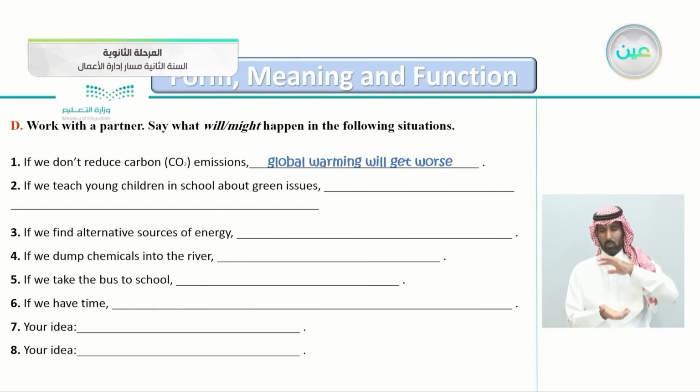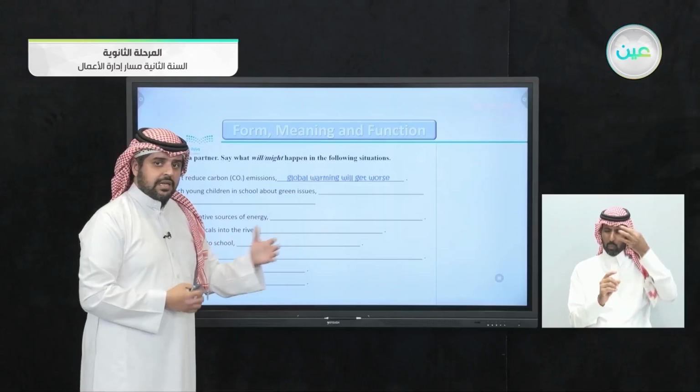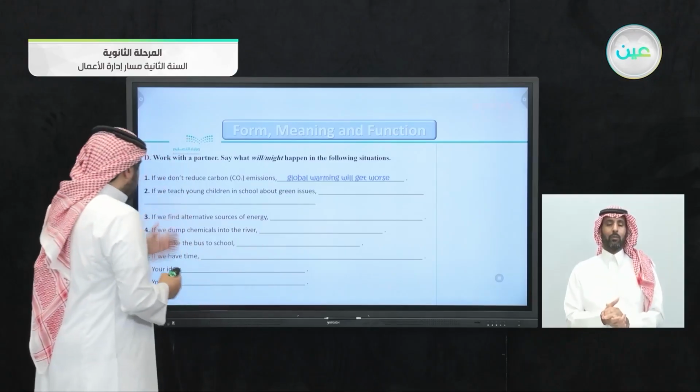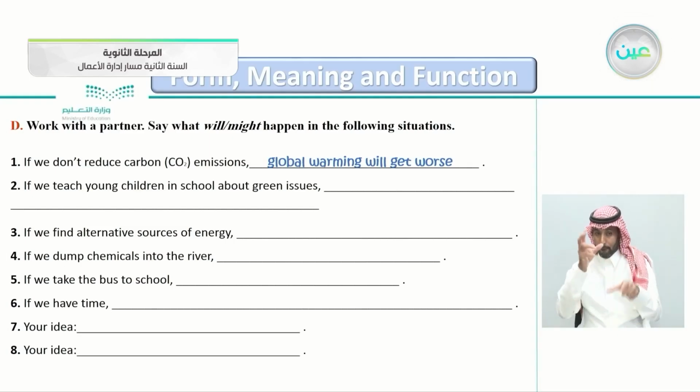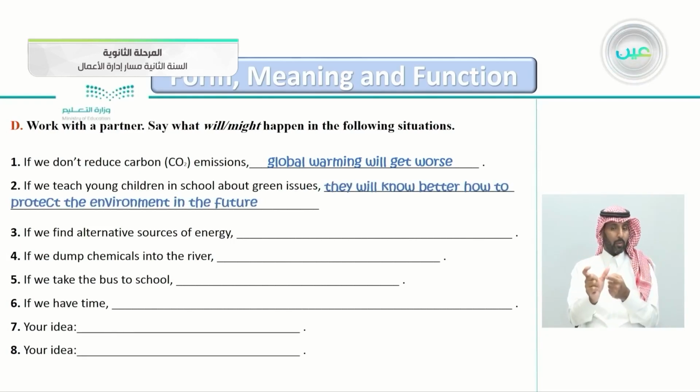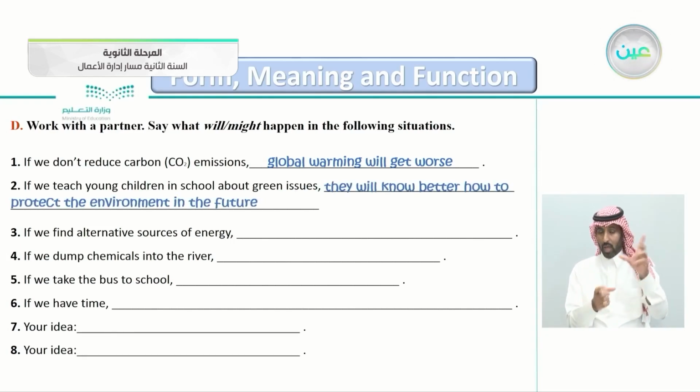Global warming will get worse. Of course, you can answer it as you wish. Number 2, if we teach young children in school about green issues, what will happen? They will know better how to protect the environment in the future.